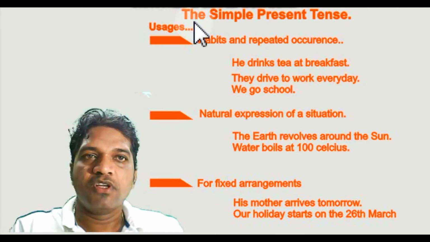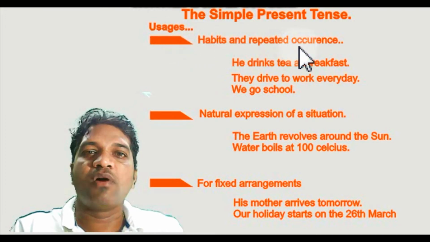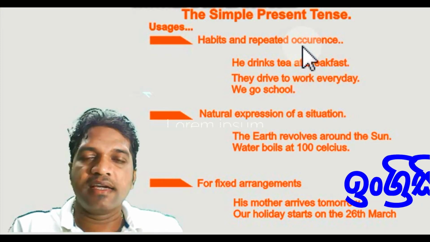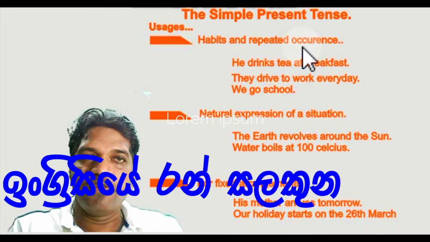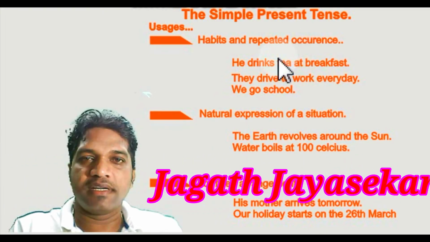Normally we use it for habits and repeated occurrences, the things that are happening again and again. If we want to tell such an activity, we use the simple present tense.